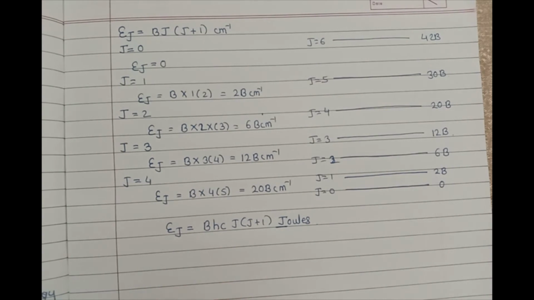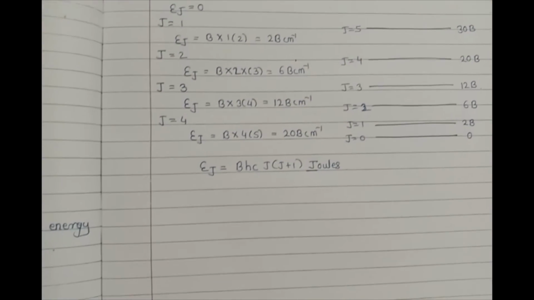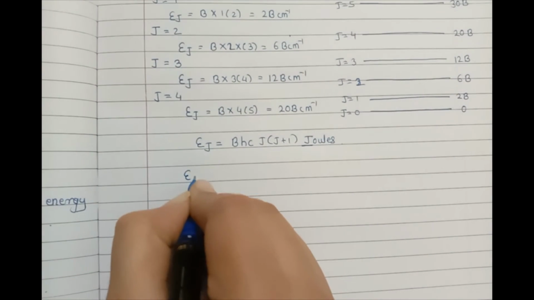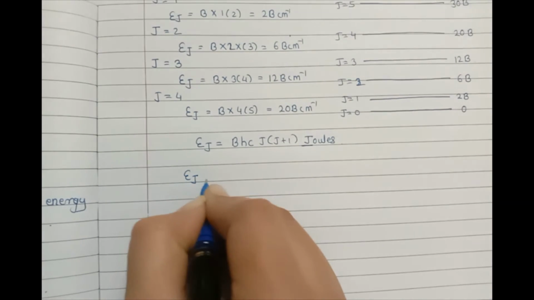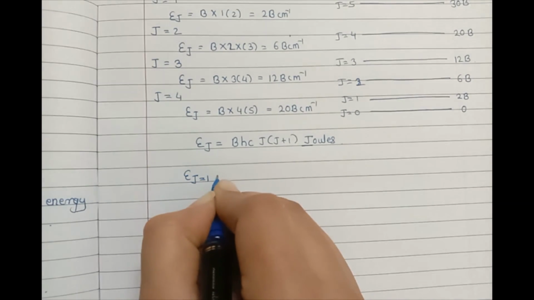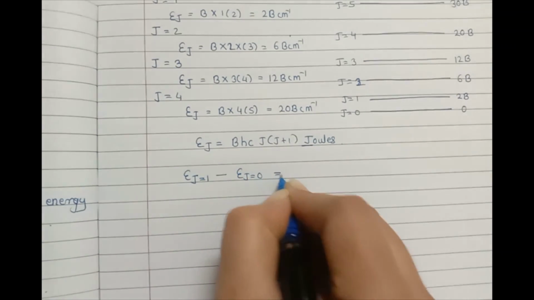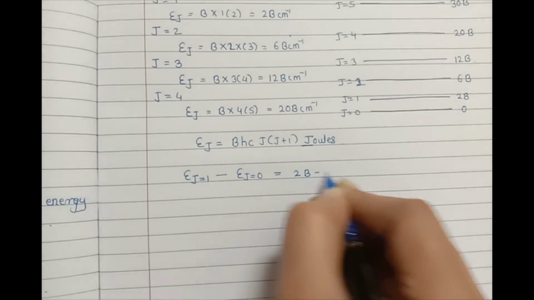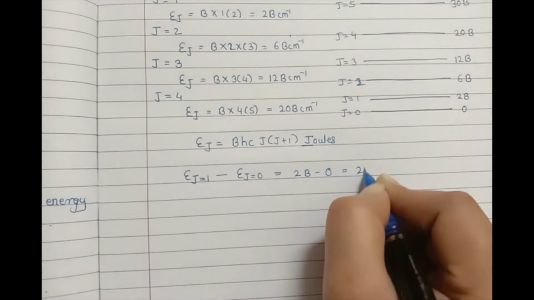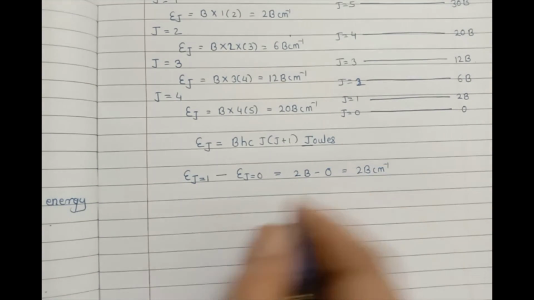So when the electron jumps from 0 to 1, what will be the change? For epsilon J equal to 1 minus epsilon J equal to 0, that is the difference between the two. That is 2b minus 0. It will be 2b centimeter inverse.